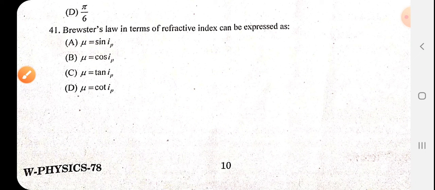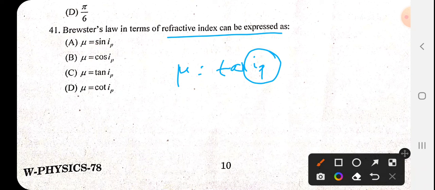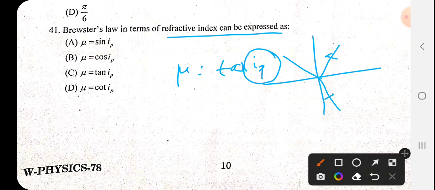Again, this is from Brewster's law. This is a very easy answer. In Brewster's law, the refractive index can be expressed by the formula mu equals tan ip, where ip is called the Brewster angle. When light is incident on a surface, one component is reflected and one component is refracted.